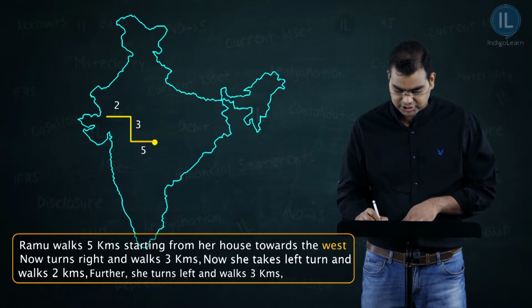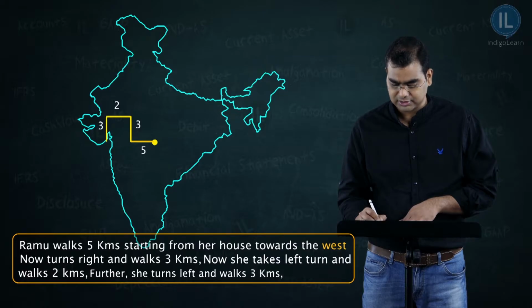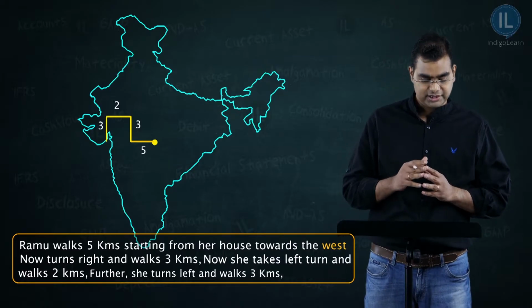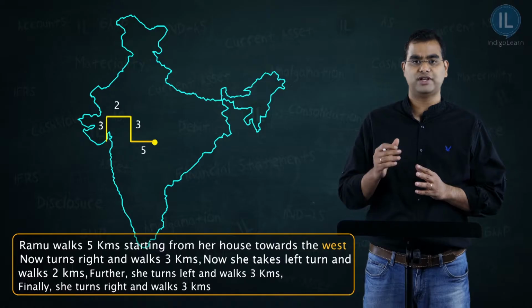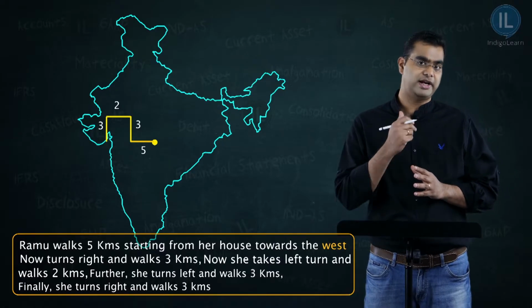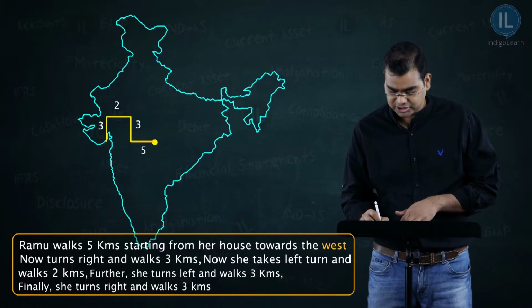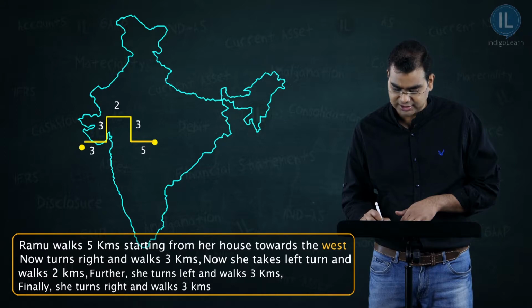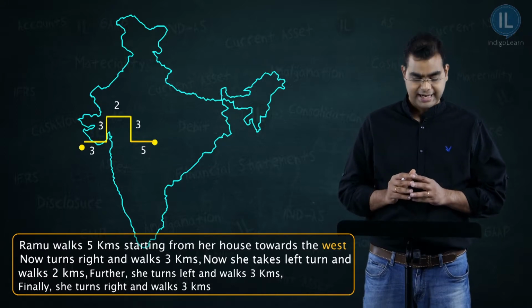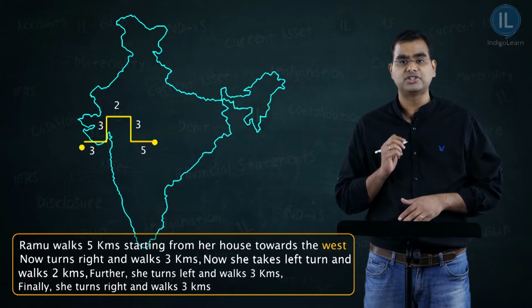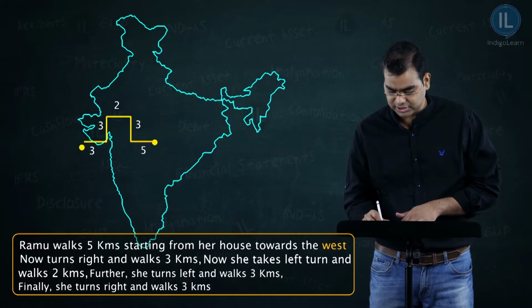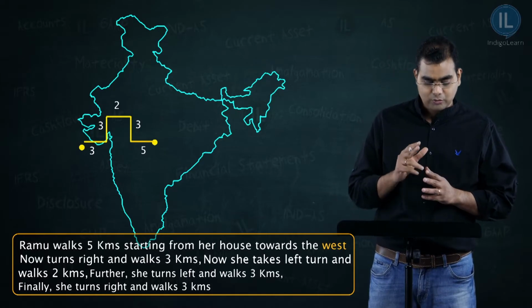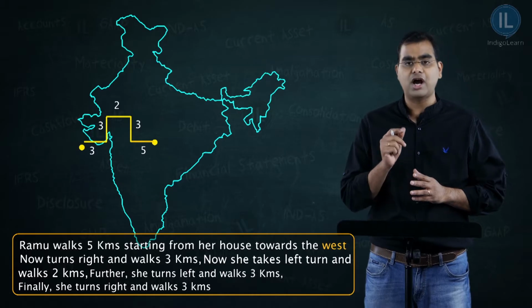Finally, she takes a right turn. So far, she has taken 2 left turns and now she is taking a right turn. So when she is here, she takes a right turn, which leads her this way. And from there, she walks another 3 kilometers. So this is another 3. What is the question? In what direction is she now from her house?